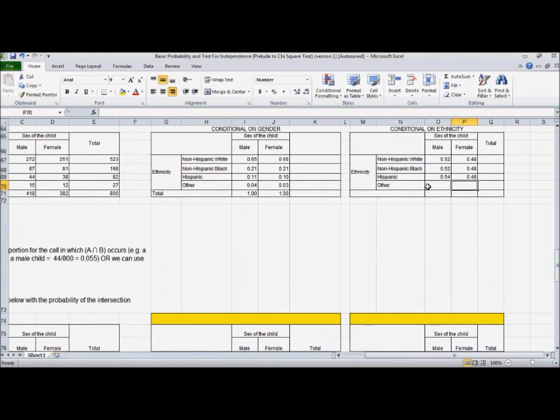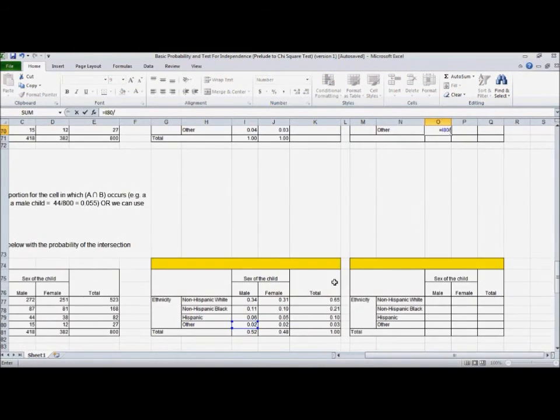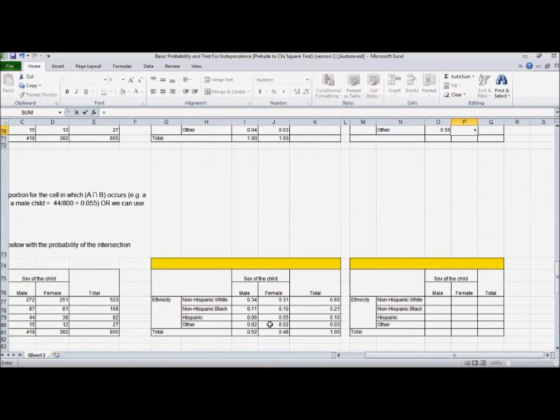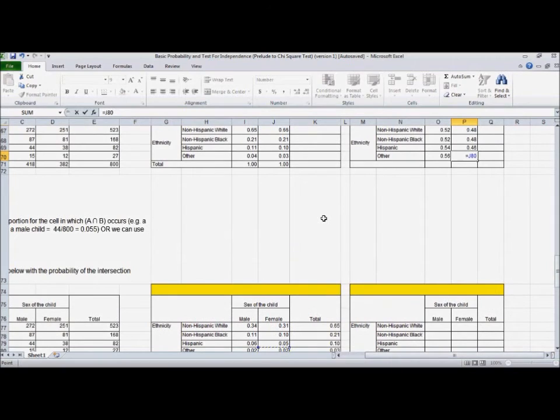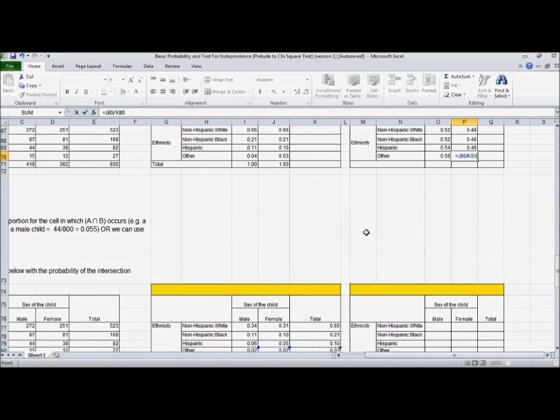Probability of male given other equals the probability of the intersection divided by probability of other. Okay, probability of female given other equals the probability of the intersection divided by probability of other.